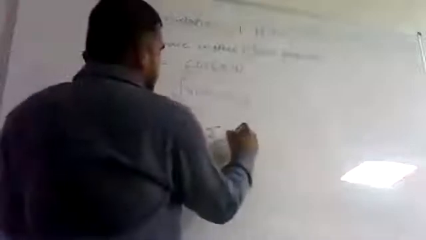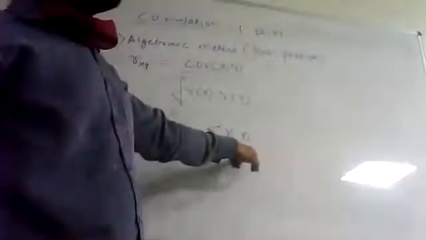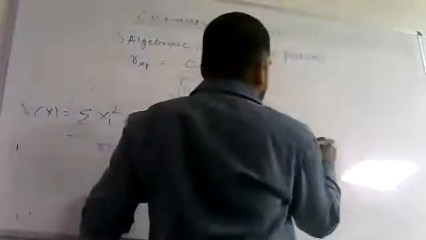This can be written as summation xi square, where xi square I can write as xi into xi, minus bracket square, where summation xi bracket means xi into summation of xi.